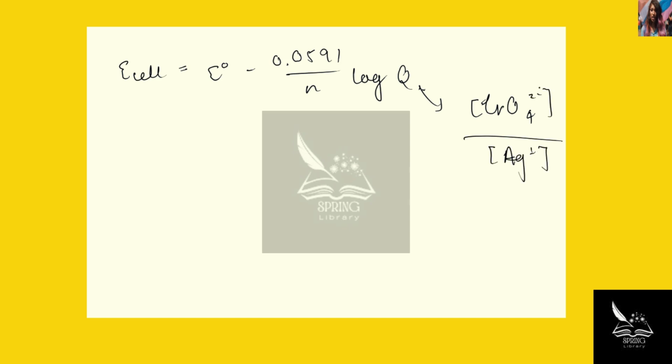So we have our products over our reactants. So we have moles, that is 2, so we plug in our value, so we now have E cell equals 0.242 because we calculated E naught, subtract 0.0591 divided by 2 of log Q.